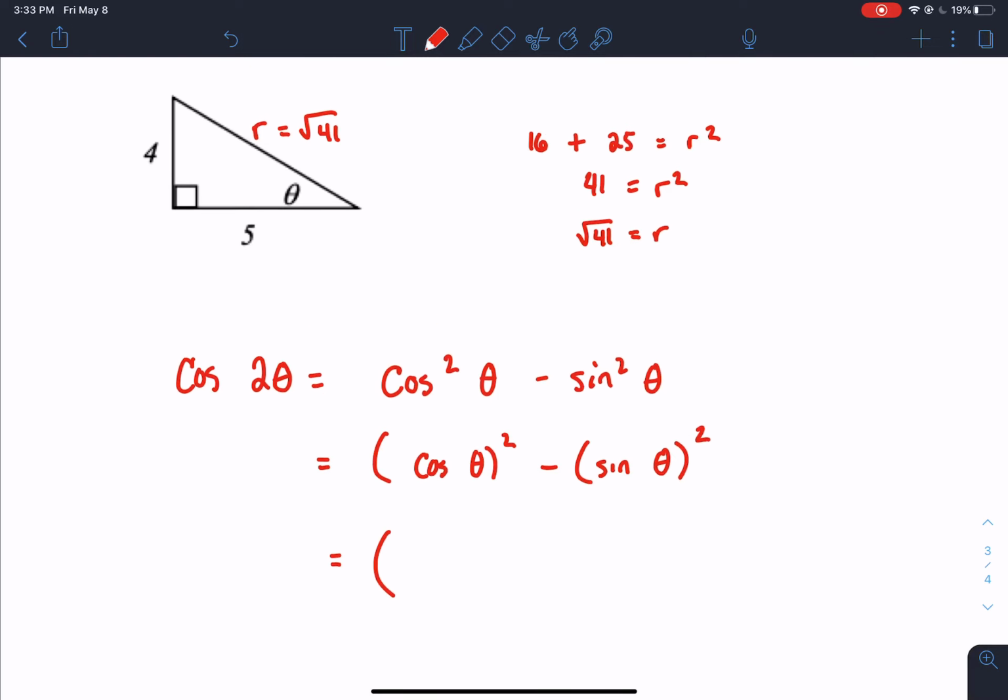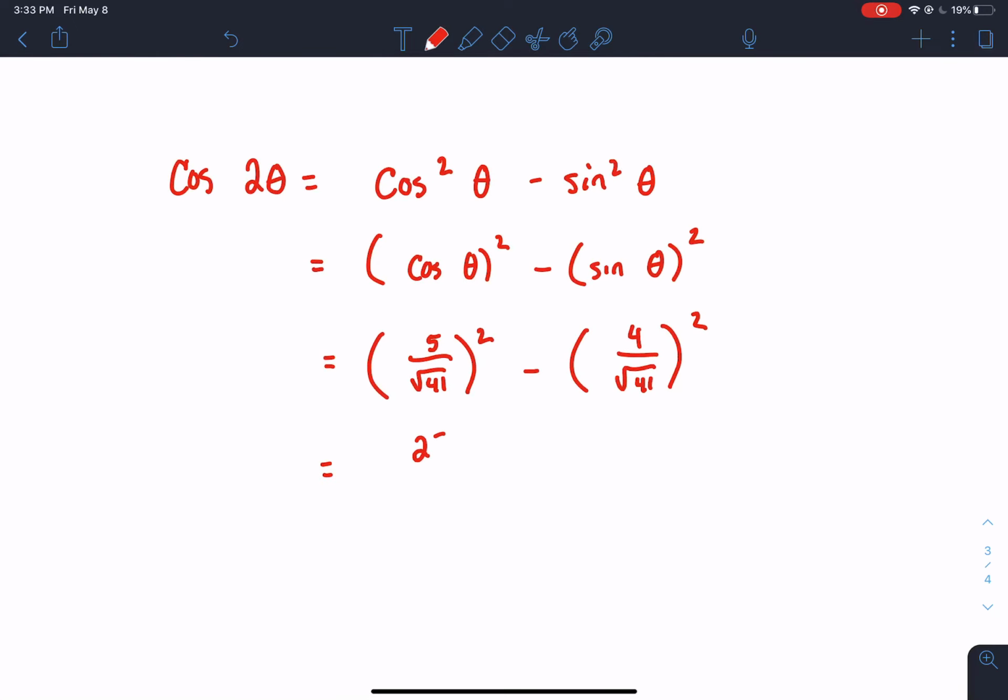Cosine of theta would be 5 over root 41. I know we have a radical there, but that's okay because we're eventually just going to square it. And sine of theta is going to be 4 over root 41. So this gives me 25 over 41 minus 16 over 41, and that answer ends up becoming 9 over 41. And that would be your answer.